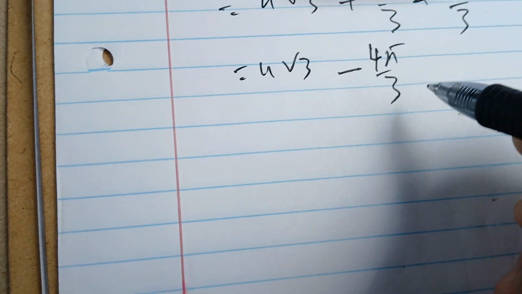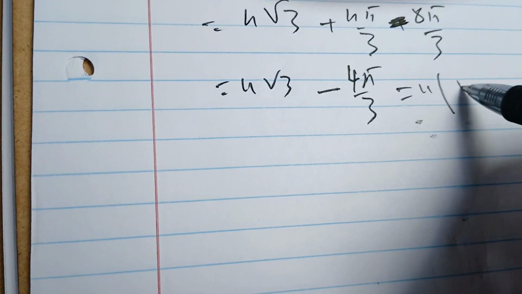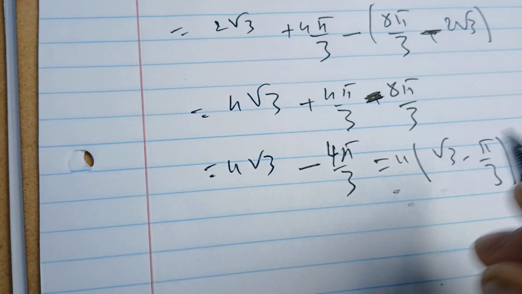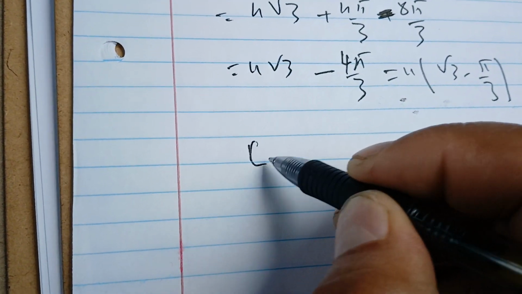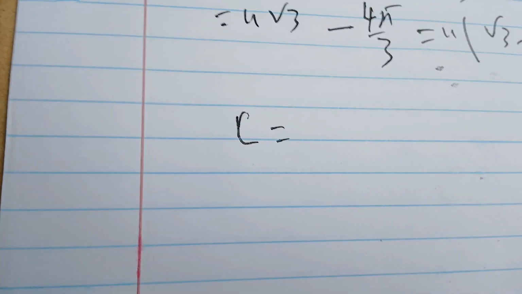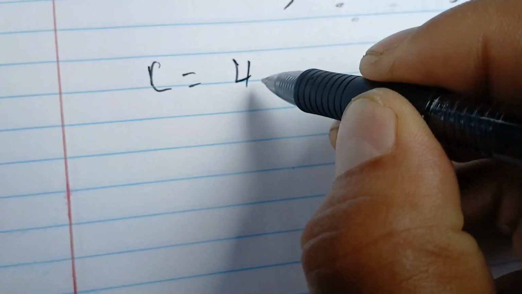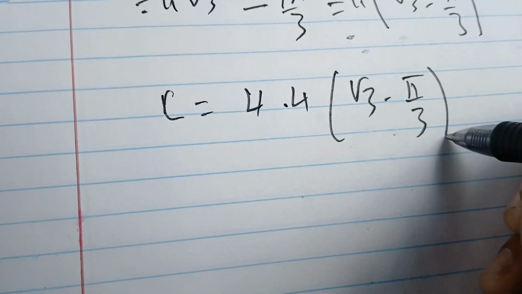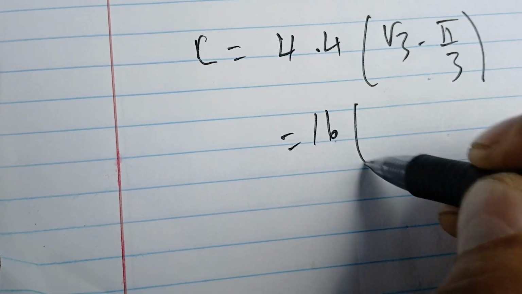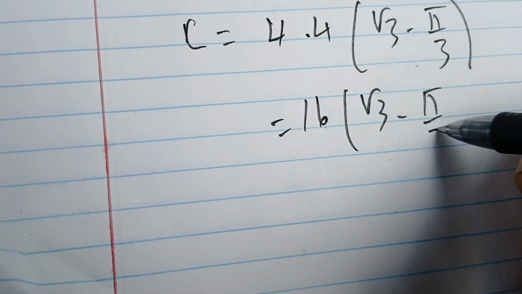So when I factor by the 4, I get 4 times square root of 3 minus pi over 3. So to get the complete integral, I multiply by 4. So let's call it C for complete integral. So it's going to be 4 times 4 square root of 3 minus pi over 3, which is going to give me 16 square root of 3 minus pi over 3.